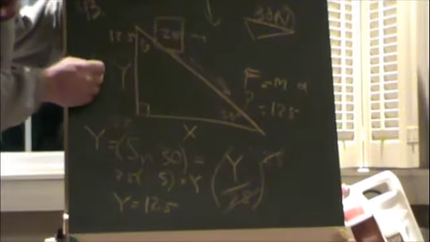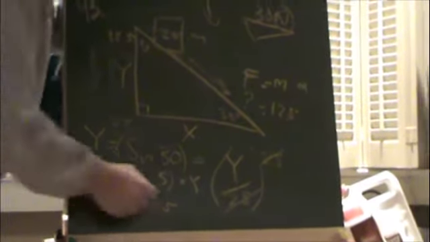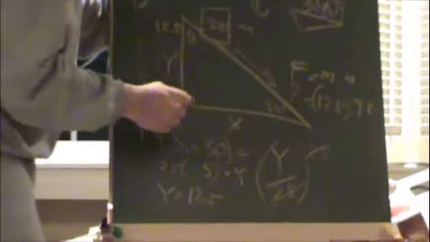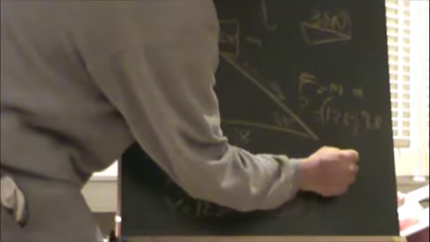We're only concerned with what gravity is pulling down. Times acceleration, which is gravity, at 9.8. As we solve that, we find out that the force is equivalent to 122 and a half newtons. And you'll have to look in the book.